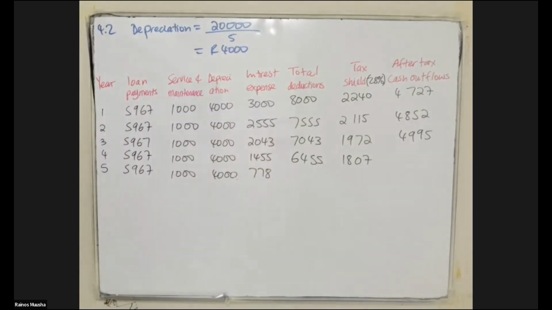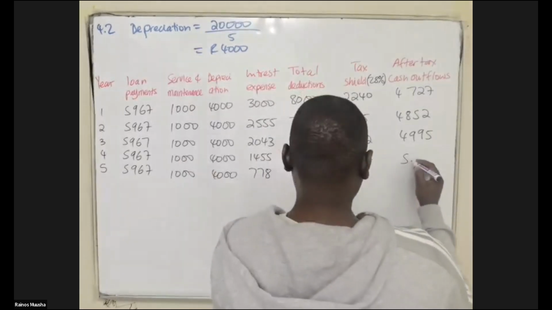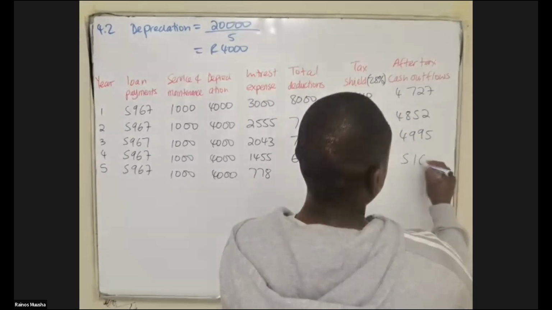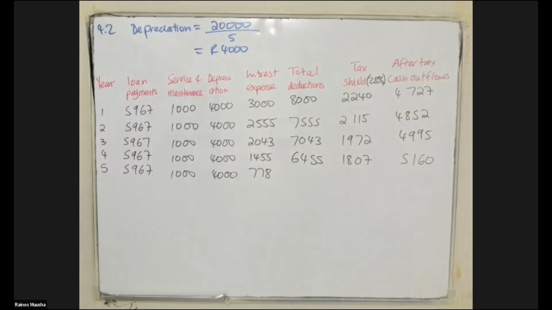So our tax shield will be 1807, which means our after-tax cash outflow will be equal to 5,160. Are we getting the same amount?